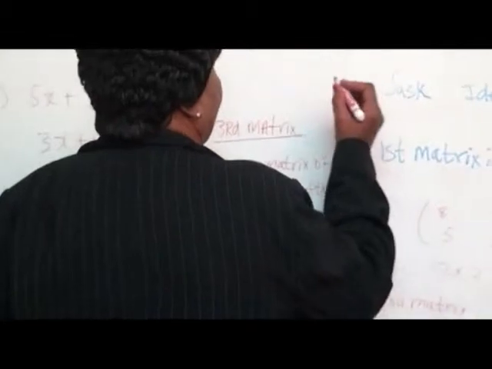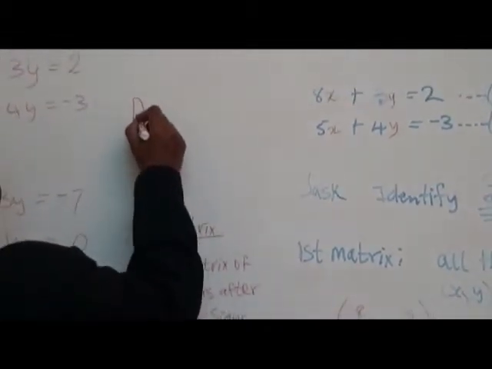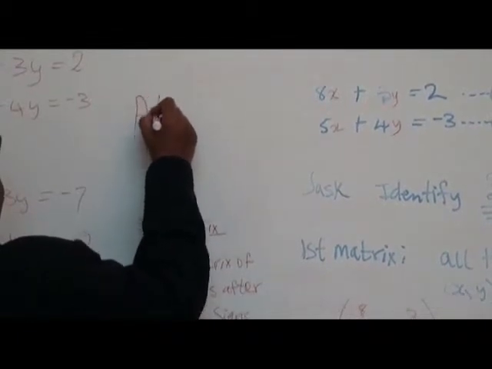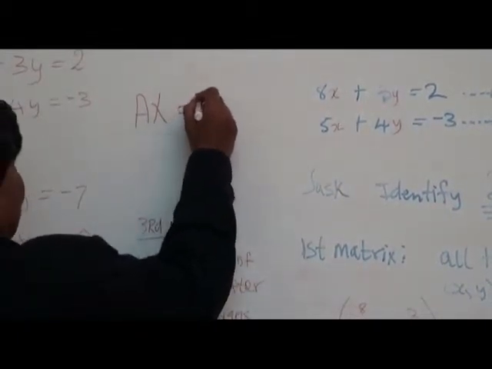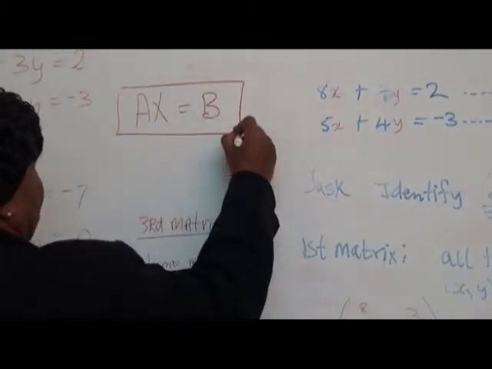If we have matrix A for the first one, times the second matrix is equal to B. That is what the statement would look like.